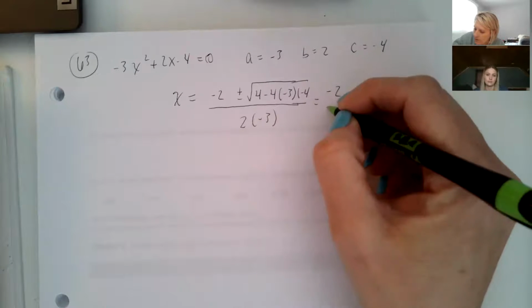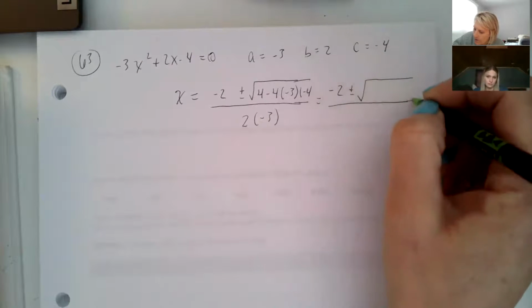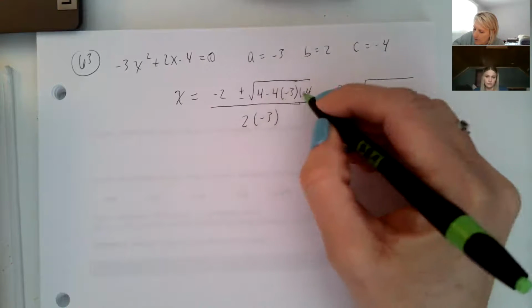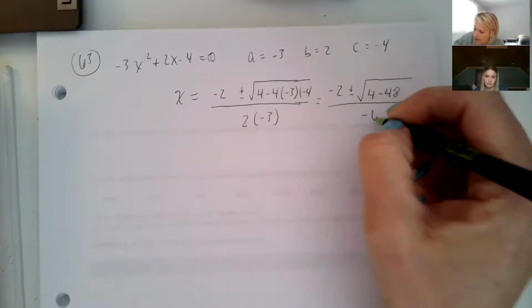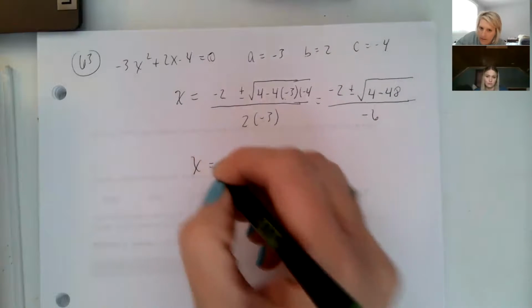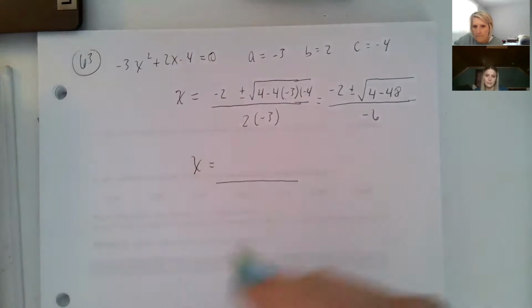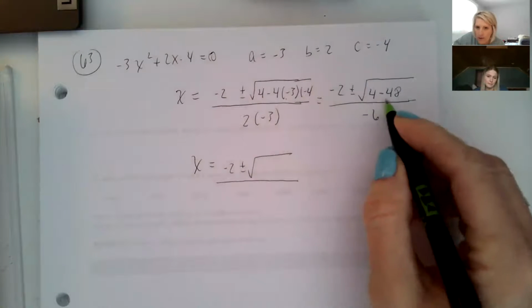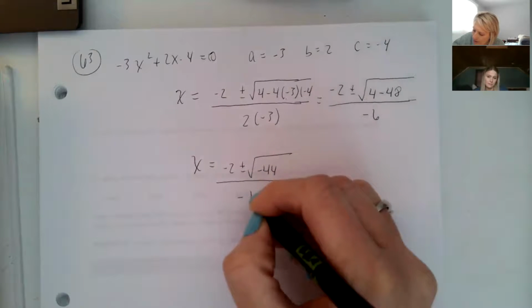So we have 4 subtracting positive 12 times 4, which is 48. So a minus 48 over a negative 6. With me so far? Yep. So negative 2 plus or minus the square root of 4 minus 48, which is negative 44, all over negative 6.